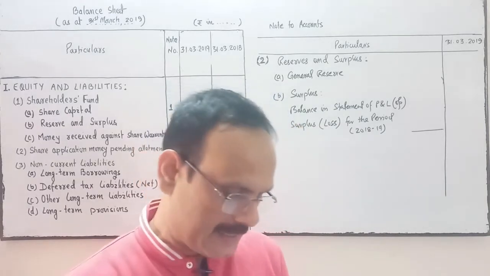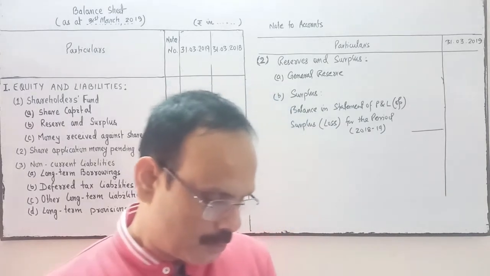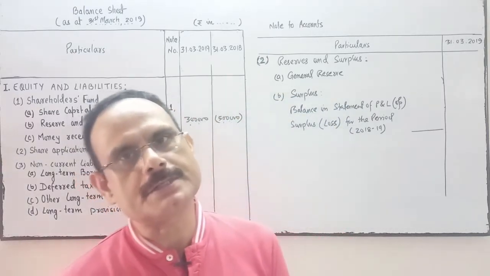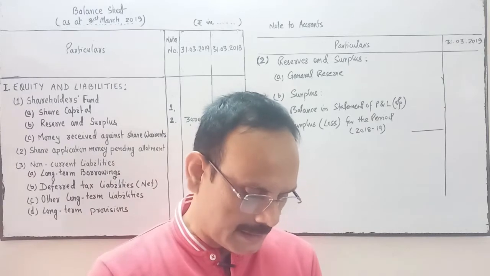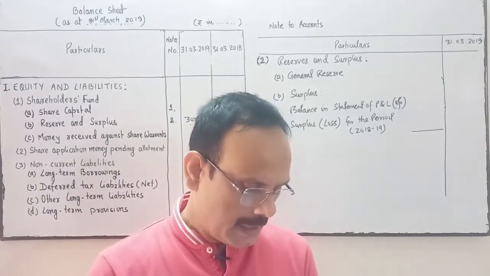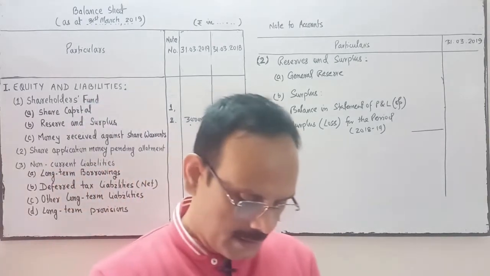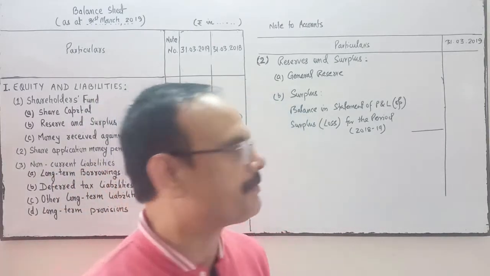General reserve 4,50,000 and statement of profit and loss 2 lakhs. So total is 6,50,000.